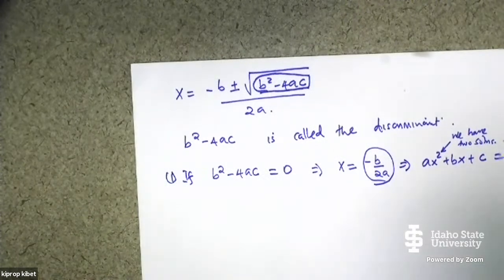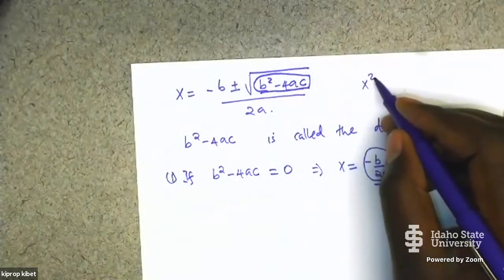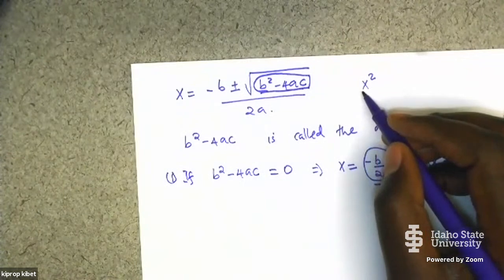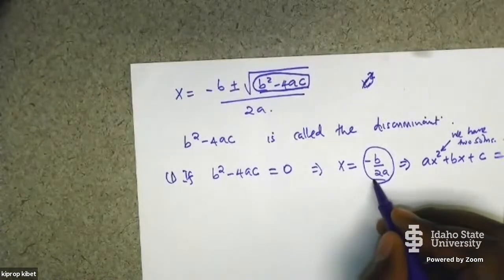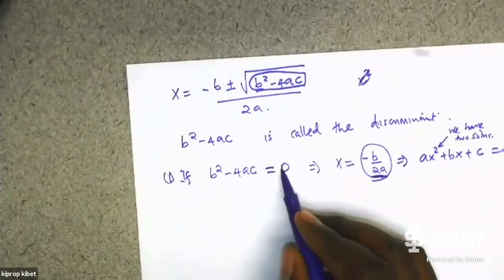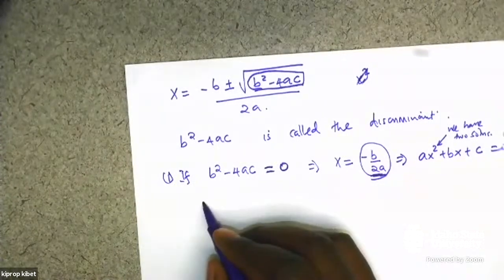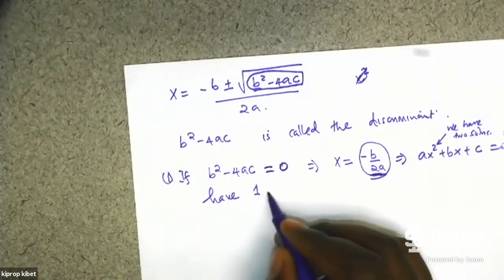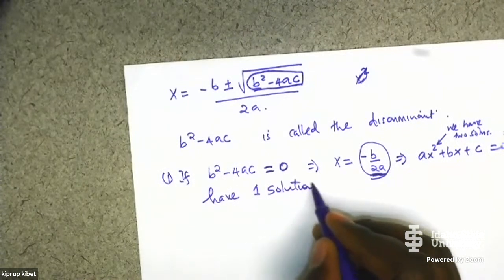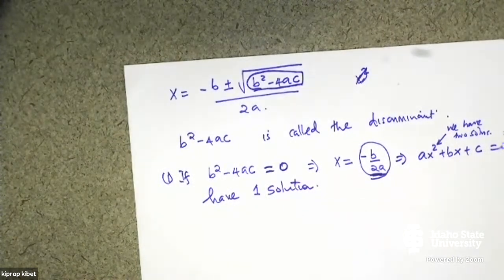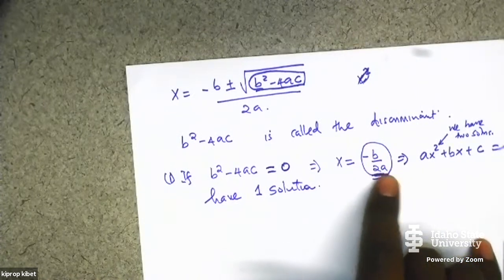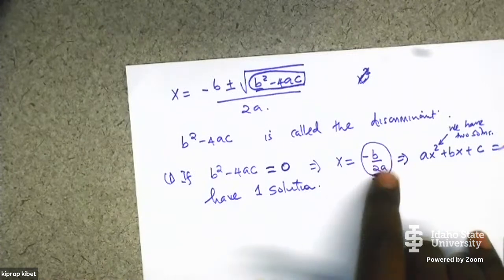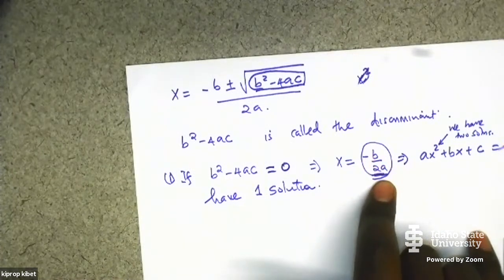But here, if this is equal to 0, they are of the same kind, so we only have one solution, which is minus b all over 2a.